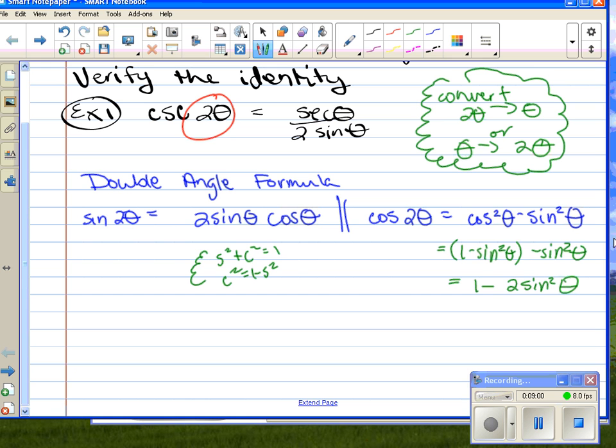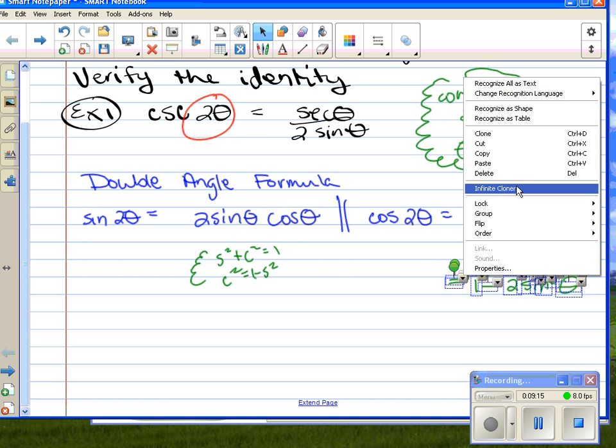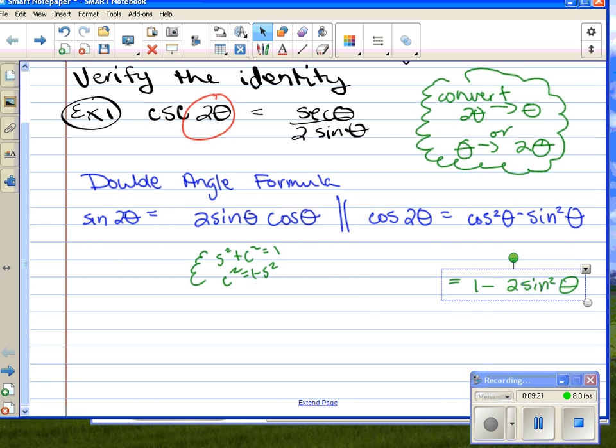That's like having 2 sine squareds, but they were both negative. So voila, I just made a new identity.